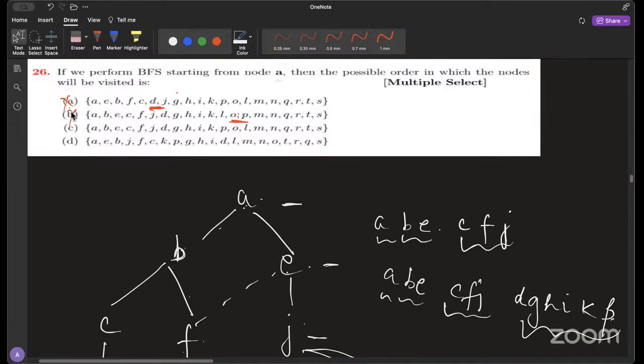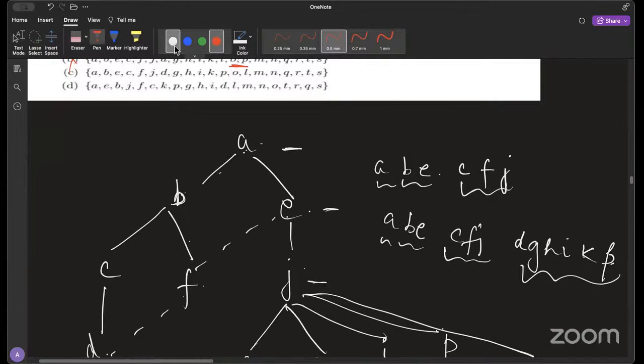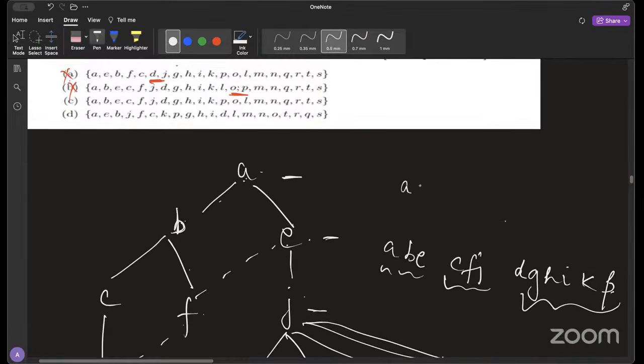Then let's move to the next option. It's option C. A, then B, E are fine. Then C, F, J, that's also fine.